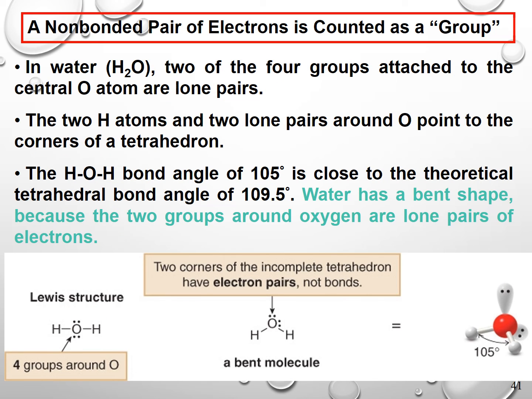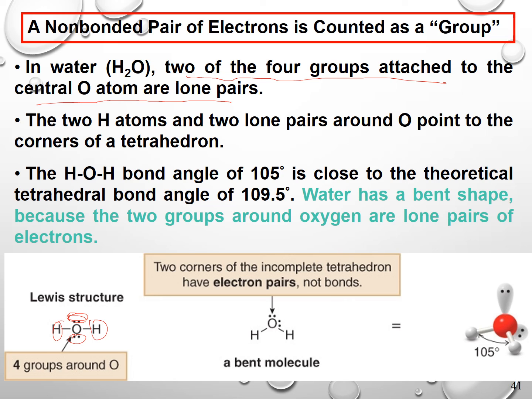So same goes for the water. So water dia adalah 2 of the 4 groups attached to the central oxygen atom are lone pairs. So dia ada 2 lone pair. So sepatutnya ini dikira dalam group. So sebenarnya dia ada 4 group kan. Kalau 4 group, sepatutnya dia adalah tetrahedral.